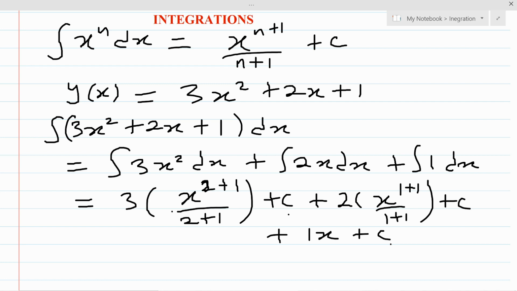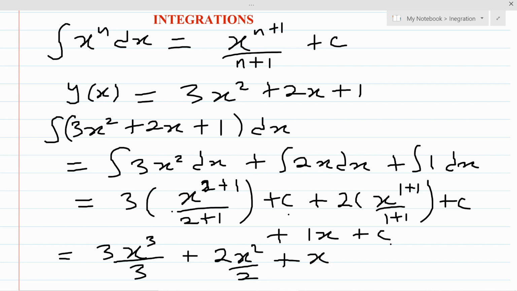So we can also call the whole 3c a capital C. So if I multiply the whole of this through, I'll get something like 3x cubed over 3, then plus 2x squared over 2, plus 1x, that is x, plus 3c, and let's call that a capital C, that is a constant.